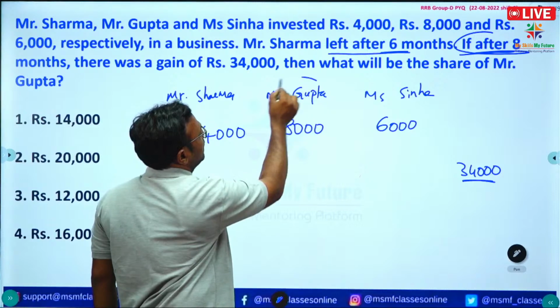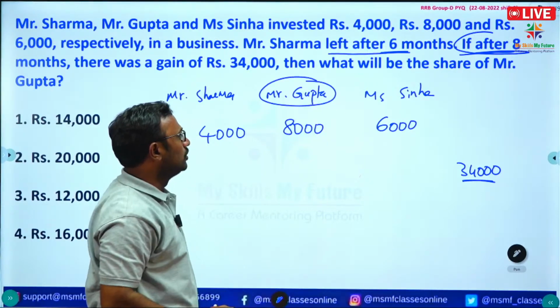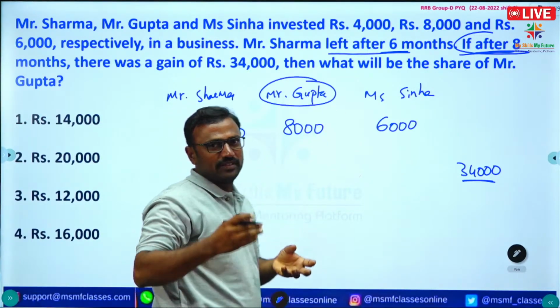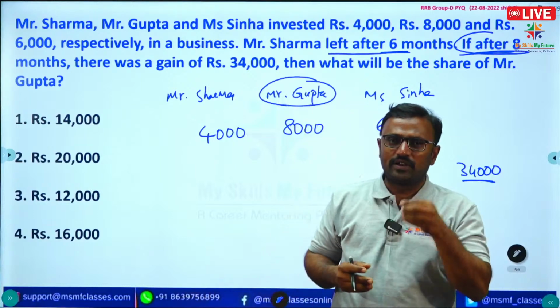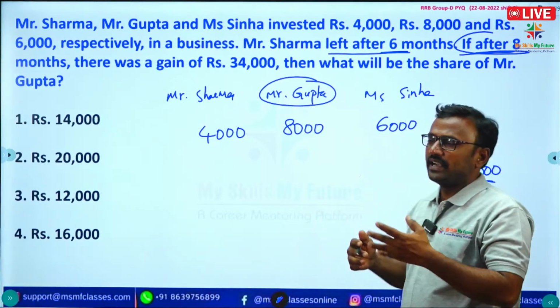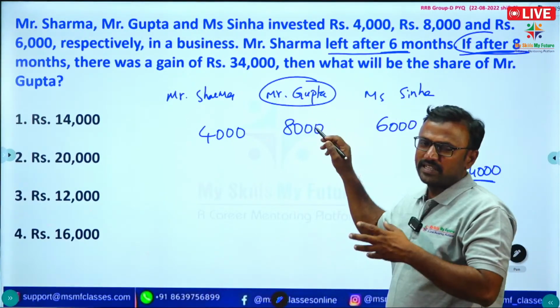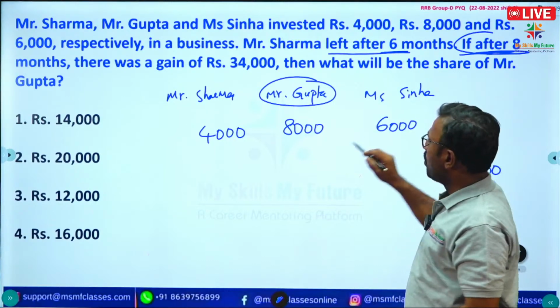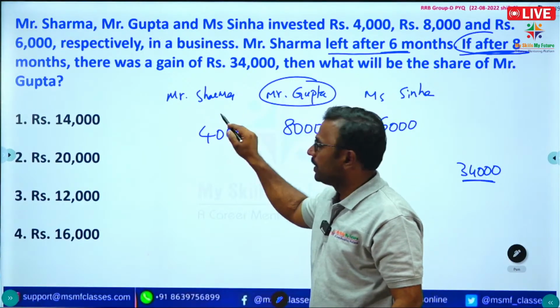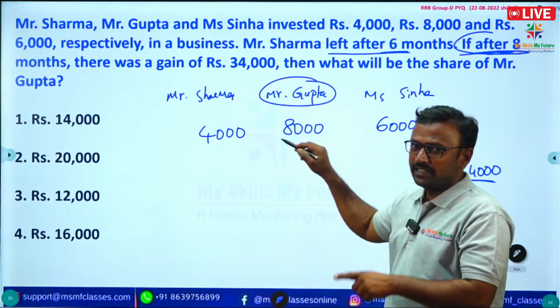We need to find the share of Mr. Gupta. They didn't give the time for Gupta and Sinha, so we can take that they are in the business for 8 months. Only for Sharma is the information given.